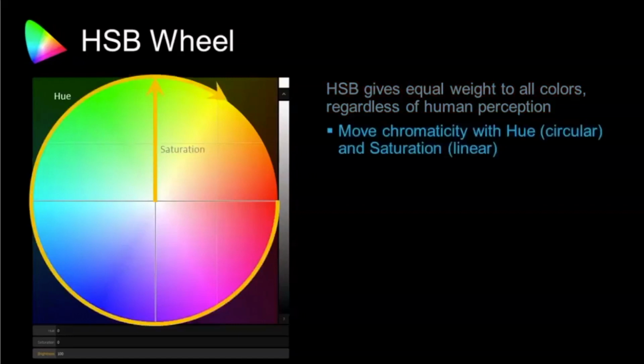A reminder that hue is a special type of parameter. It is a circular parameter. So the way that we move crosshairs in a hue saturation space is not by XY. We move it by rotation of hue. And hue, generally in most color spaces, including ours, the 0 is at red.